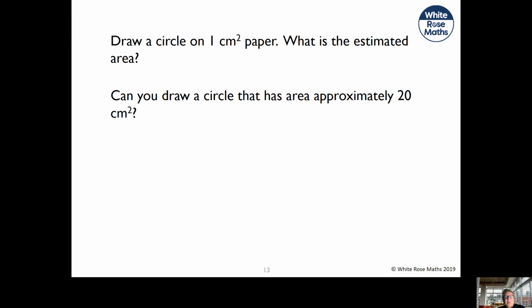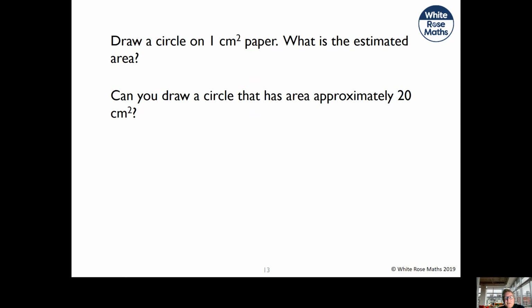Draw a circle on 1 centimeter squared paper. What was the estimated area? Can you draw a circle that has an area approximately 20 centimeters squared? Now you're being asked to estimate and do approximate. Some of you may want to find out mathematically, how do you find the area of a circle?